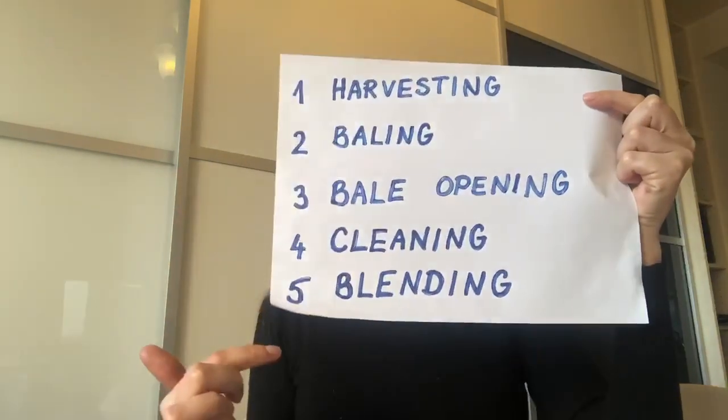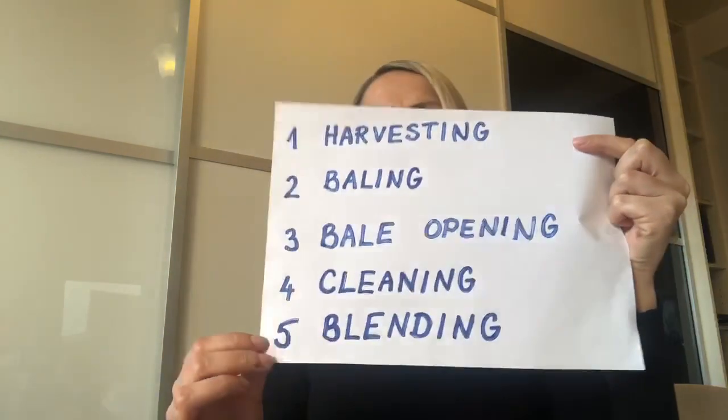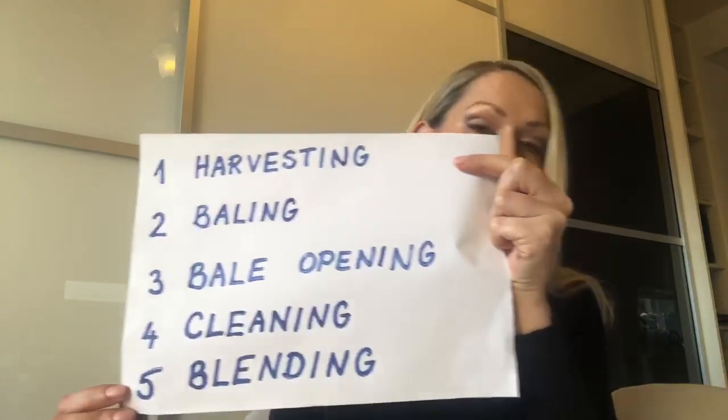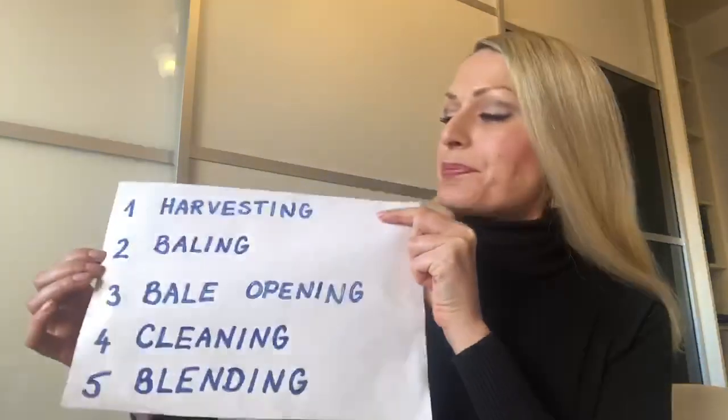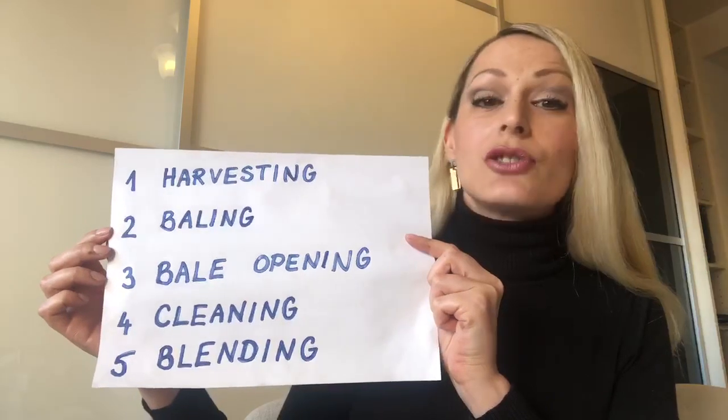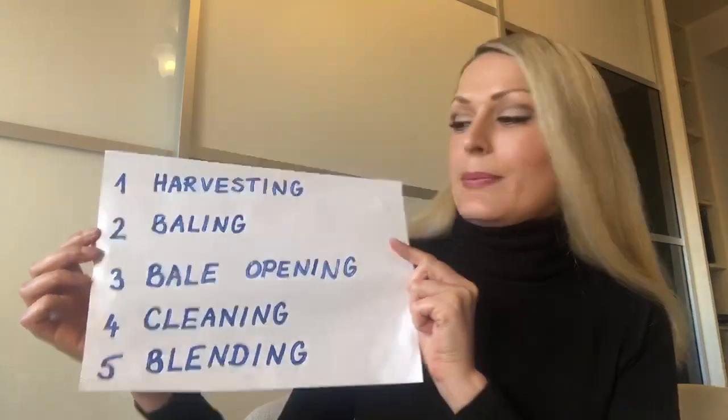However, the rest of the processes then will start taking place at a special facility which is designed to make yarn. And you have to try and figure out what we call this.